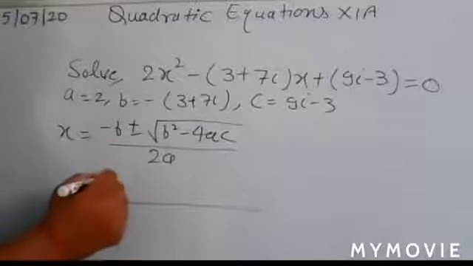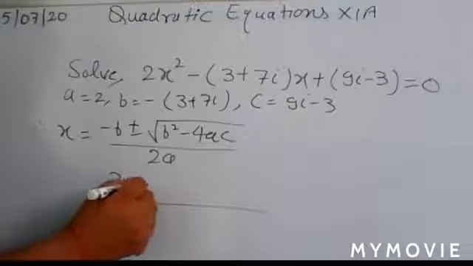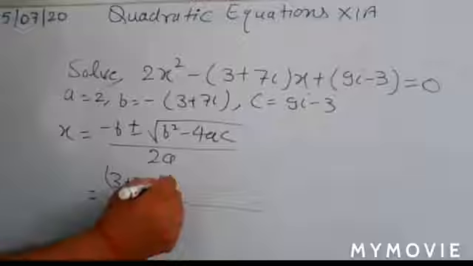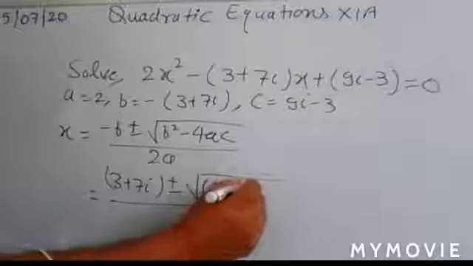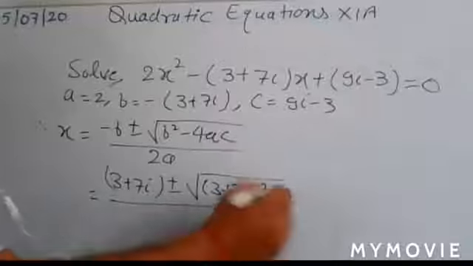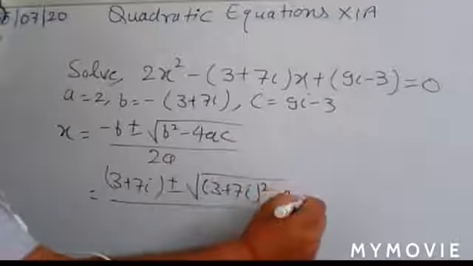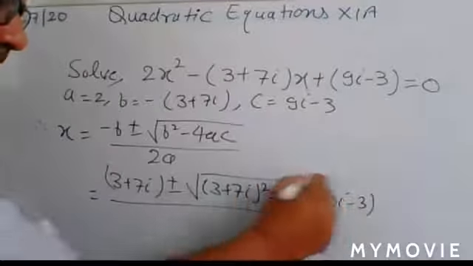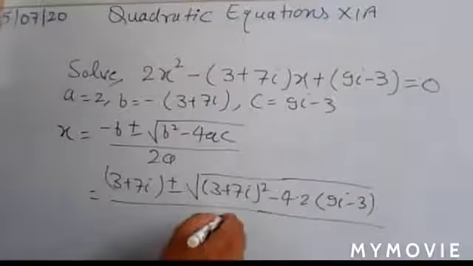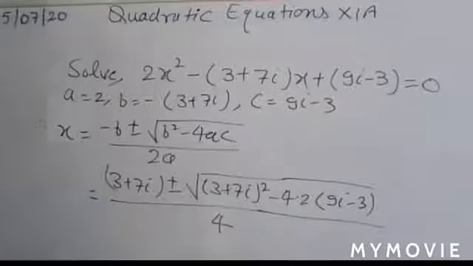Putting the values, you have 3 plus 7i plus minus square root of (3 plus 7i) square minus 4 times 2 into (9i minus 3), the whole divided by 4. Now expanding.